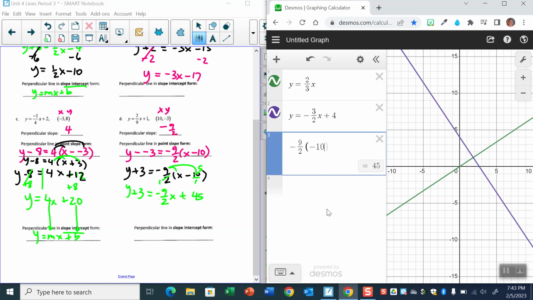All right, I get positive 45. And now I'm going to minus the 3 on both sides, right?